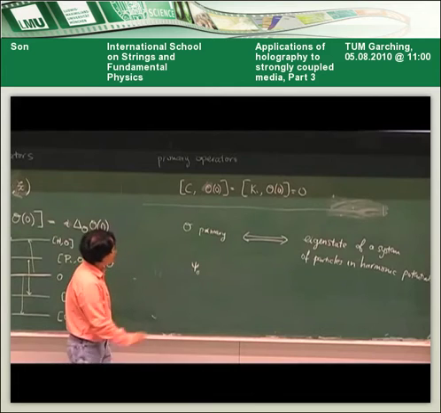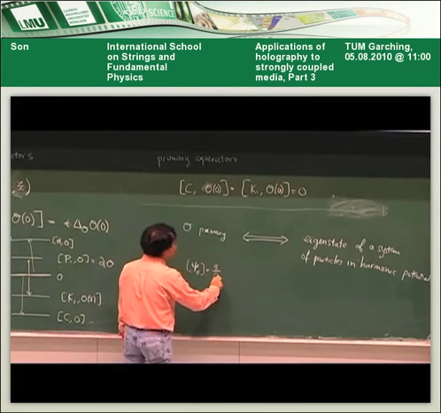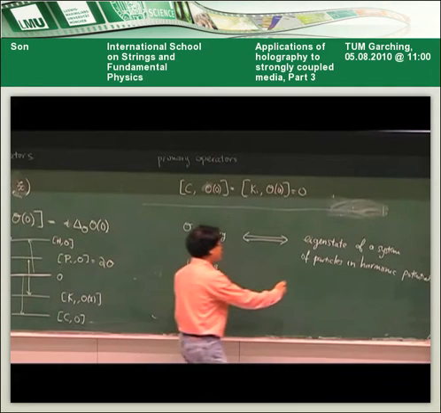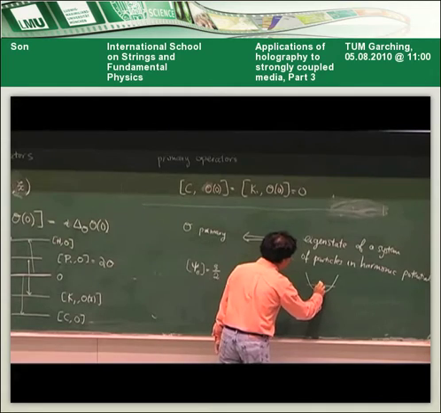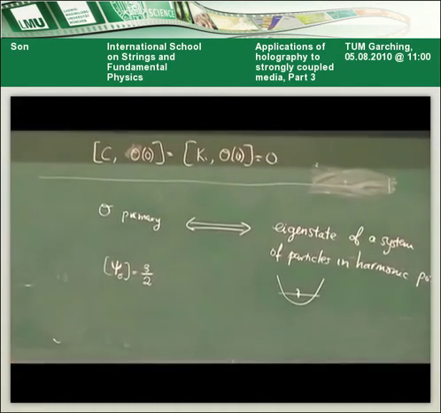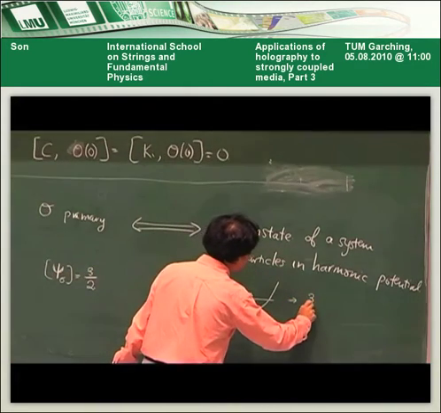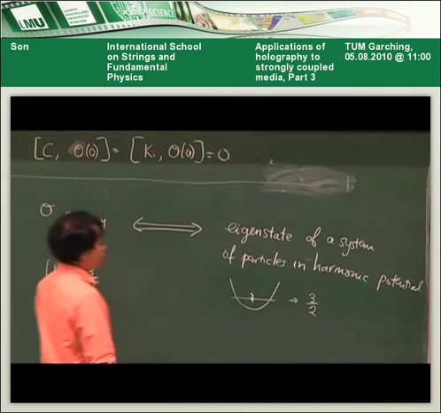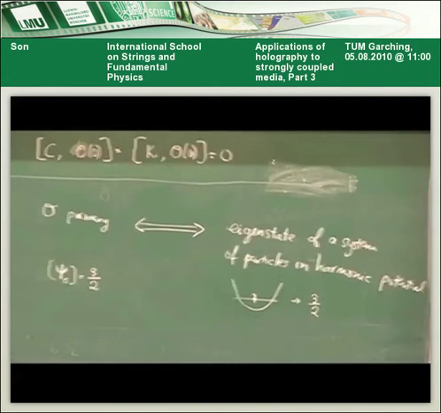If psi has dimension 3/2, as we have counted before, and if you have one particle in a harmonic potential, the ground state of one particle has energy 3/2. So the dimension of the operator maps into the energy of some system in a harmonic potential.